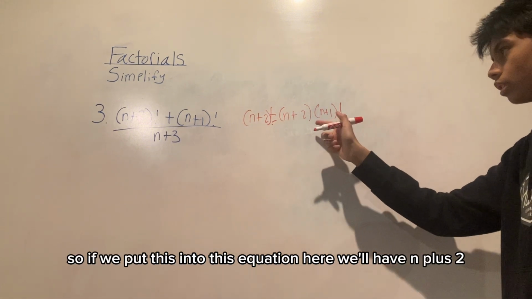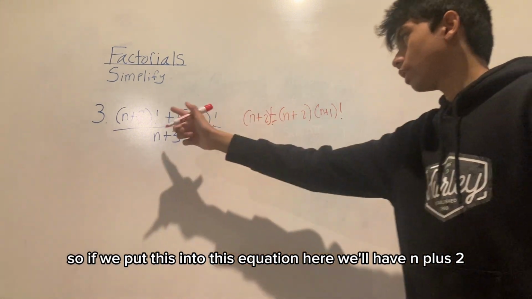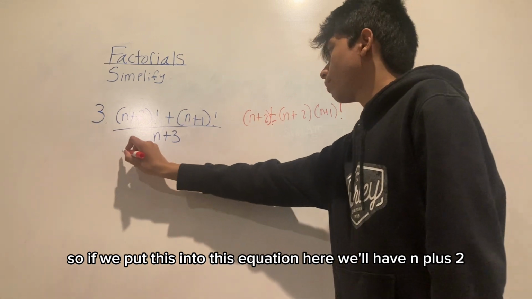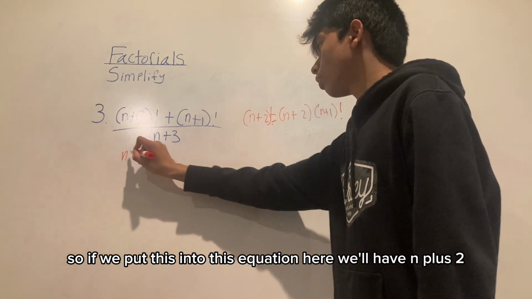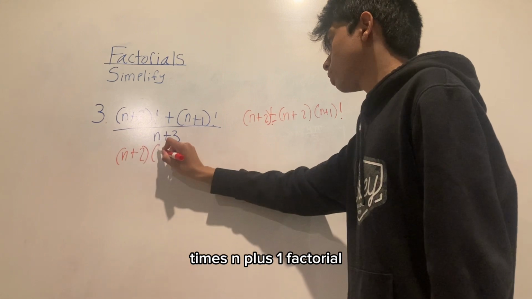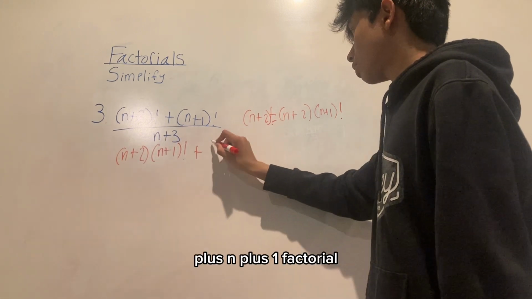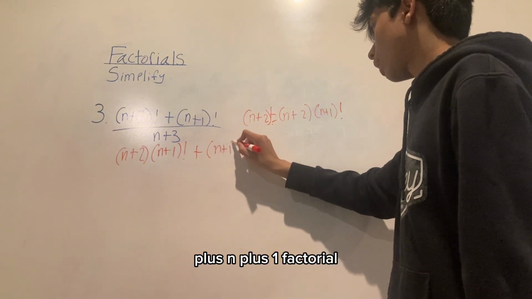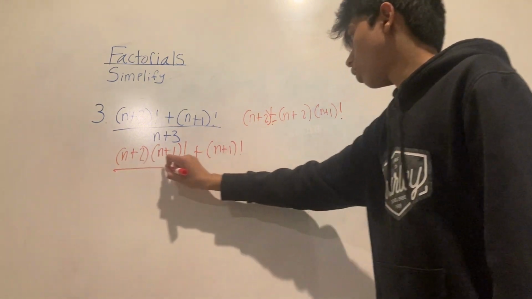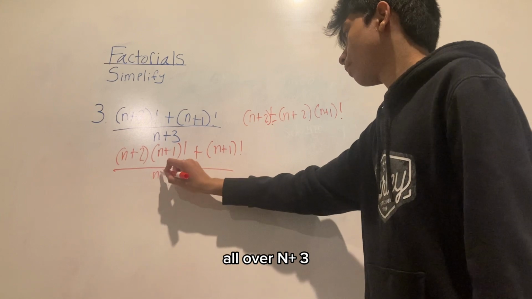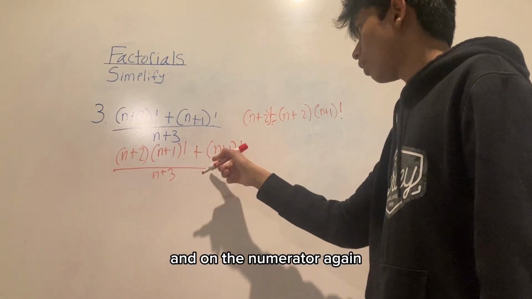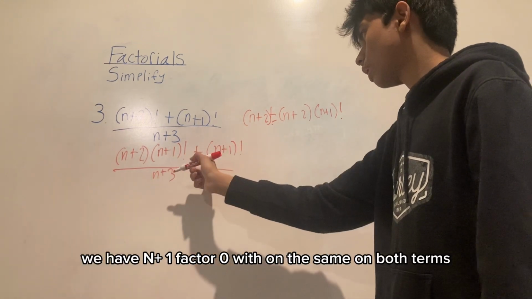So if we put this into this equation here, we'll have n plus 2 times n plus 1 factorial plus n plus 1 factorial, all over n plus 3. And on the numerator, again, we have n plus 1 factorial which is the same on both terms.